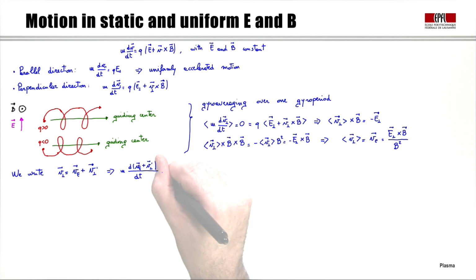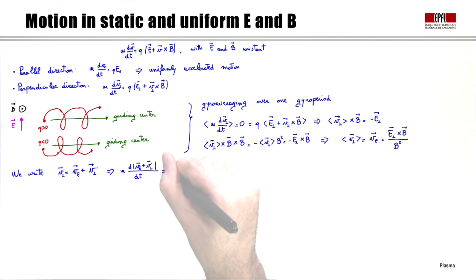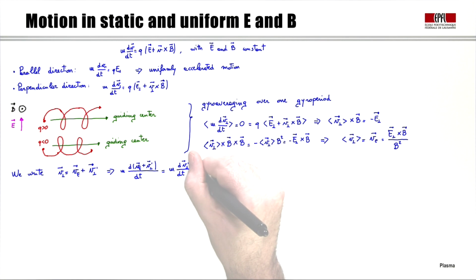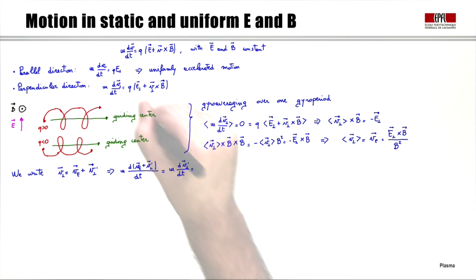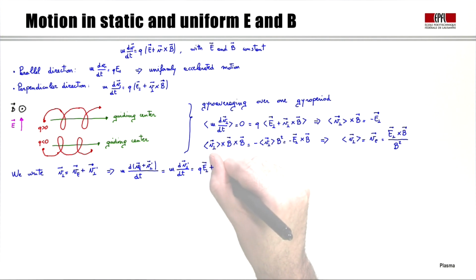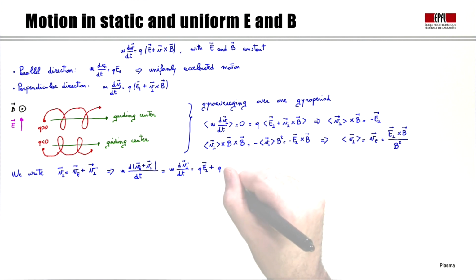And VE is a constant quantity, therefore this will be equal to m derivative of V prime perp over dt, and this will be given by the forces that we have written here, where we have to decompose V perp as VE plus V prime perp.